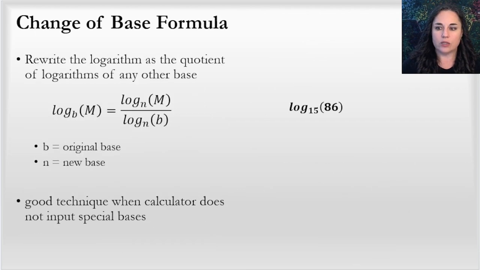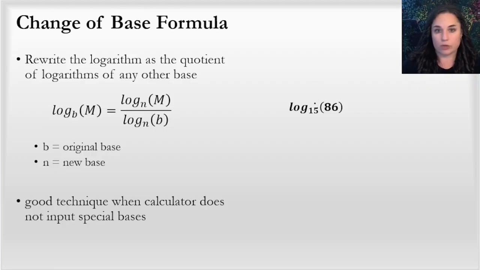The last thing I want to go through here is a change of base formula. I like a change of base formula, especially if I only have a scientific calculator nearby that has a log base 10. Notice my example here, I have a log base 15. If you have a fancy calculator like Desmos, you can put it in there and you can use a log base 15.